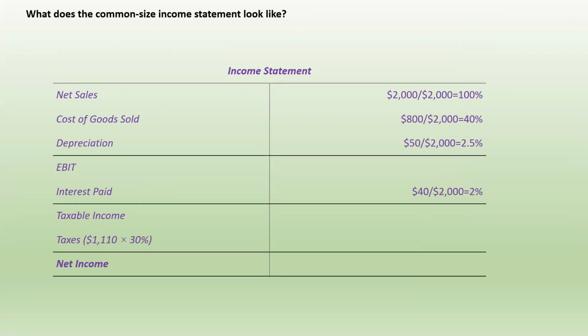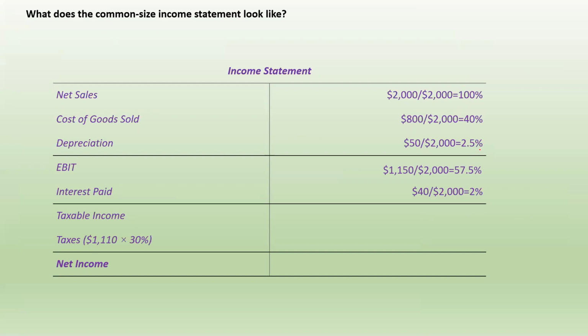And then we construct the common size income statement. We find that the cost of goods sold is 40% of net sales. Depreciation is 2.5% of sales.